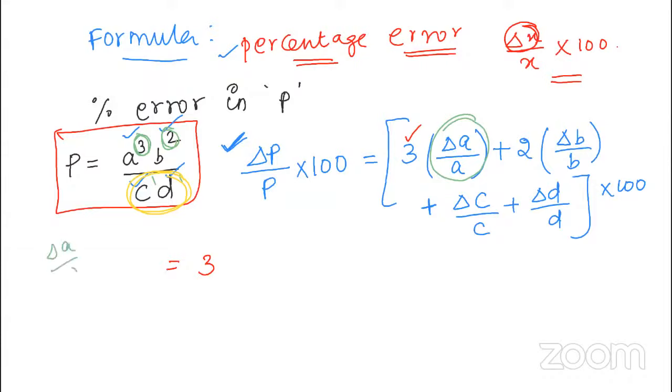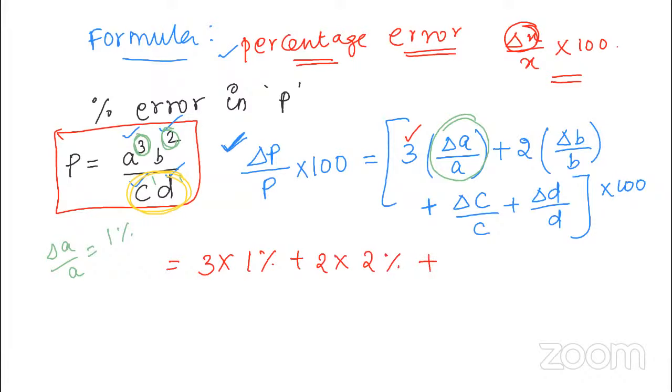Delta a by a is equal to 1%. Three into 1% plus 2 into 2%, and here delta c by c it is 1%.